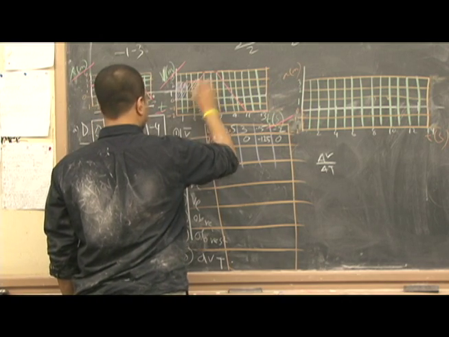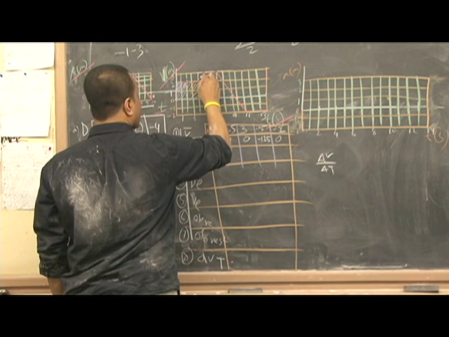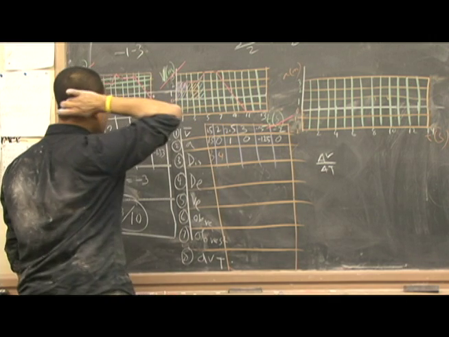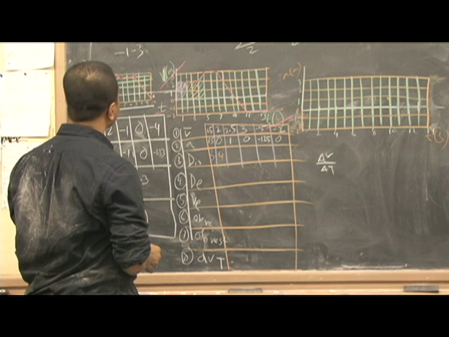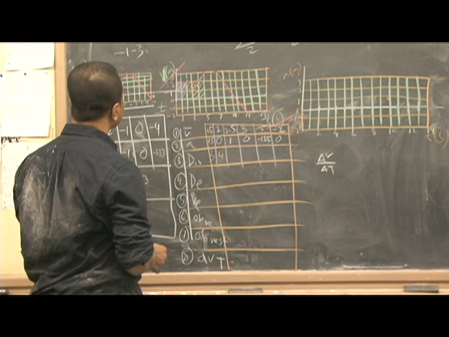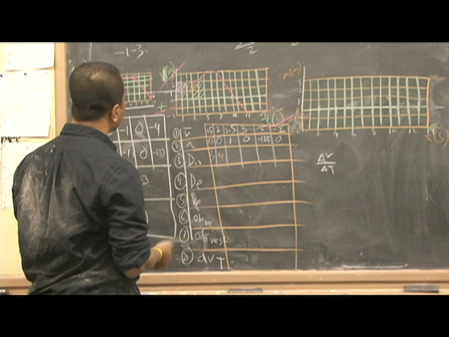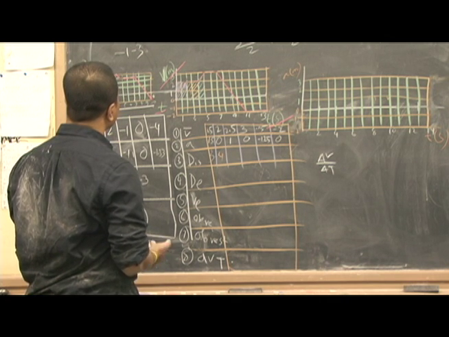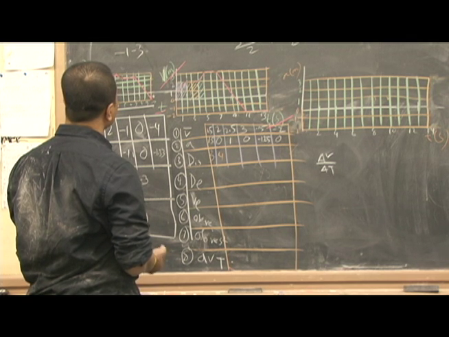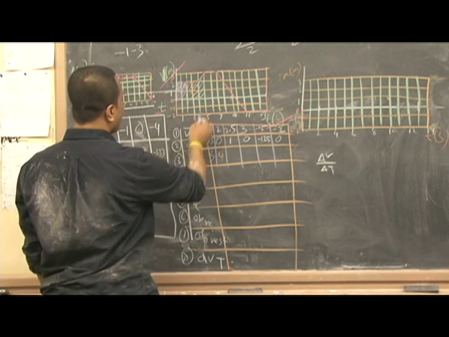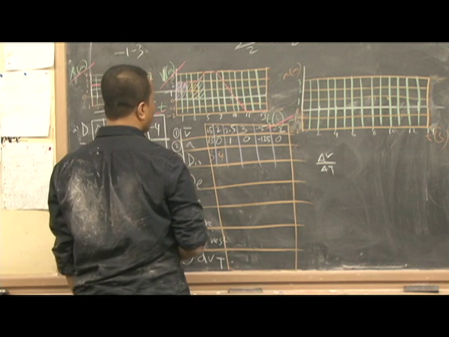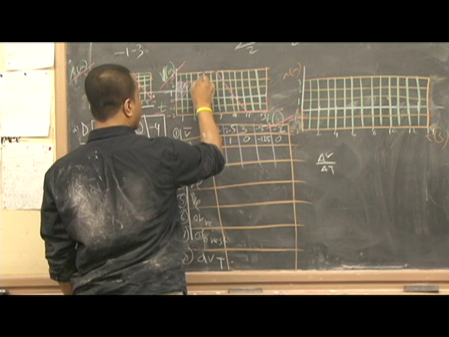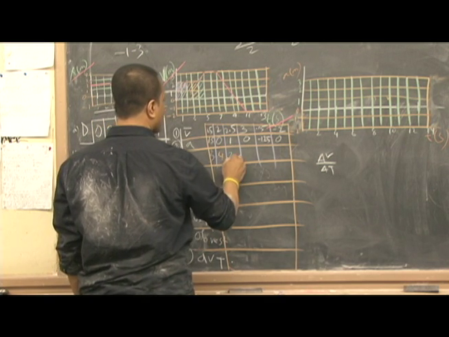This one, okay, length is 1, width is 3, so 3 times 1 is 3, but there is something missing here. You subtract that one, so you get 2.5.